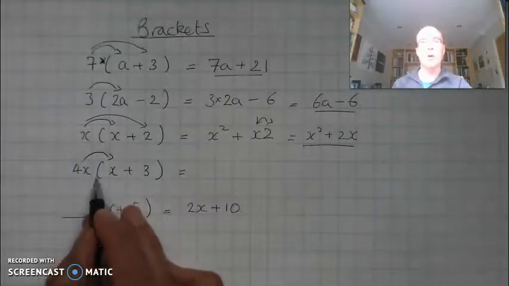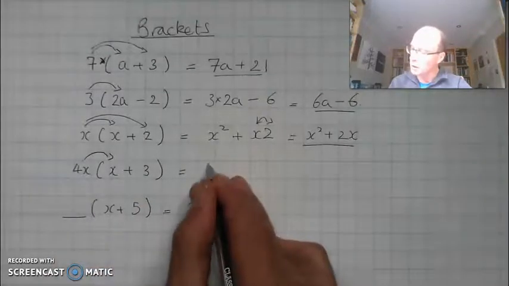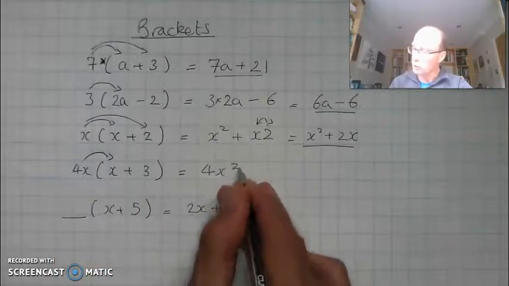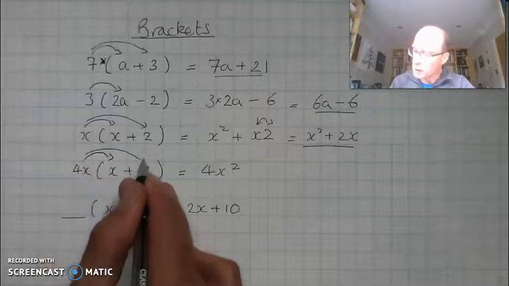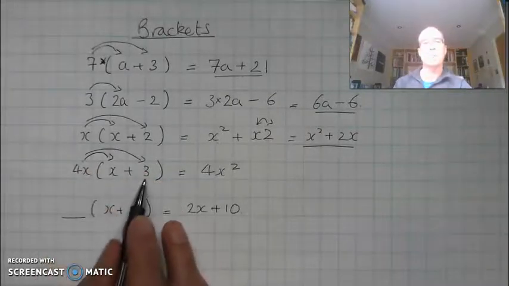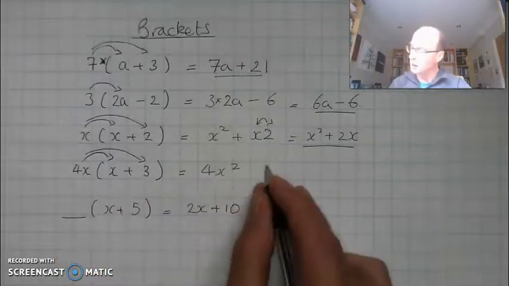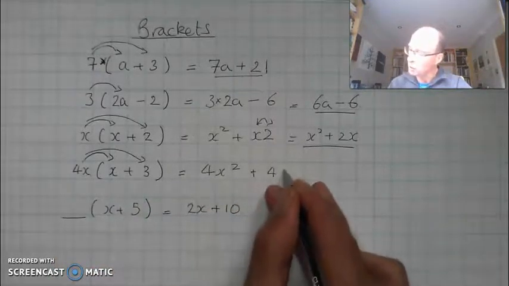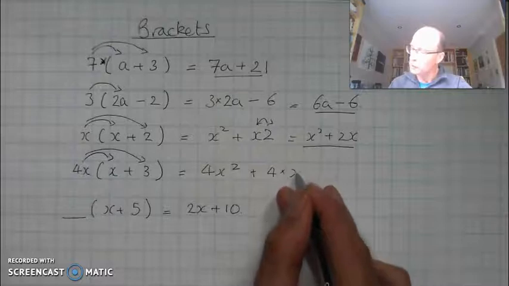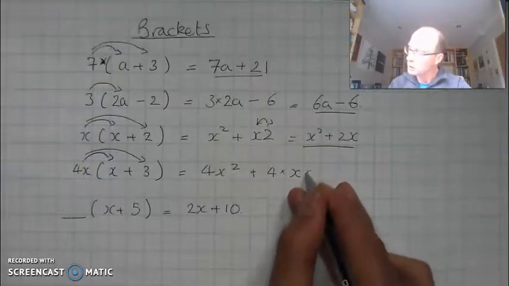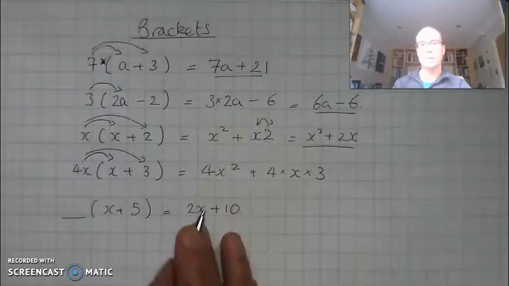So I'm going to get 4 lots of x squared. I can write that one in. 4x squared. Then I'm going to take my 4x and I'm going to multiply it by the second term in my bracket. So 4x times 3, I'm going to write that down. 4, remember 4x is 4 times x times 3.